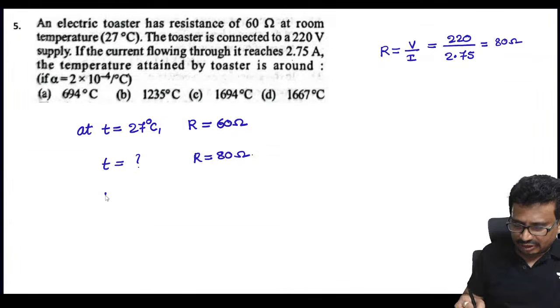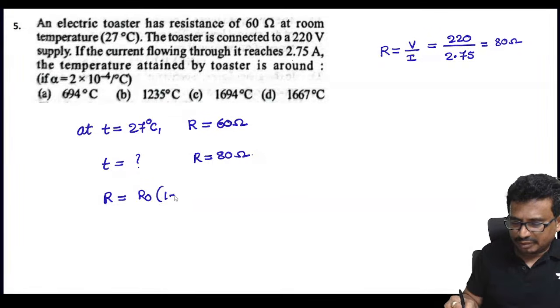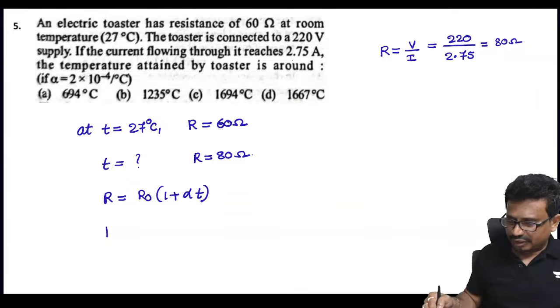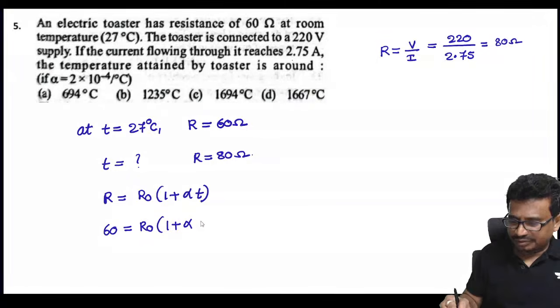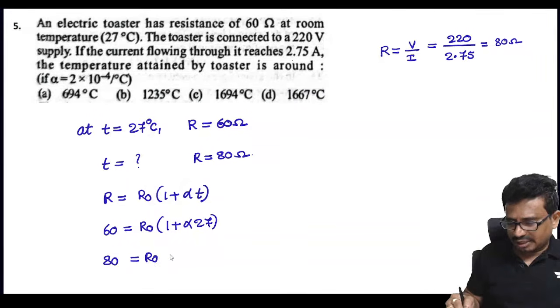So you can substitute into the relation R is equal to R naught into 1 plus alpha into T. One resistance is 60 equal to R naught into 1 plus alpha into 27. The next one is 80 equal to R naught into 1 plus alpha into T.